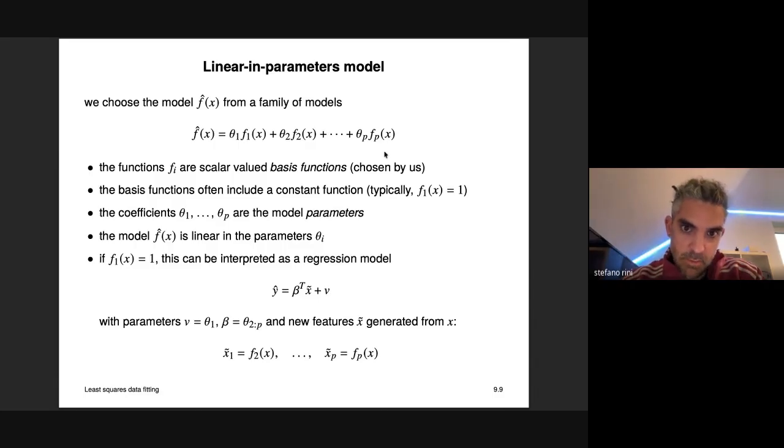we can interpret this model as the regression model y hat equal to b transpose x tilde plus nu, with parameter nu equal to θ1. So this is our constant coefficient, and b is the vector from 2 to p, and x tilde is f2 of x, and xp is fp of x.